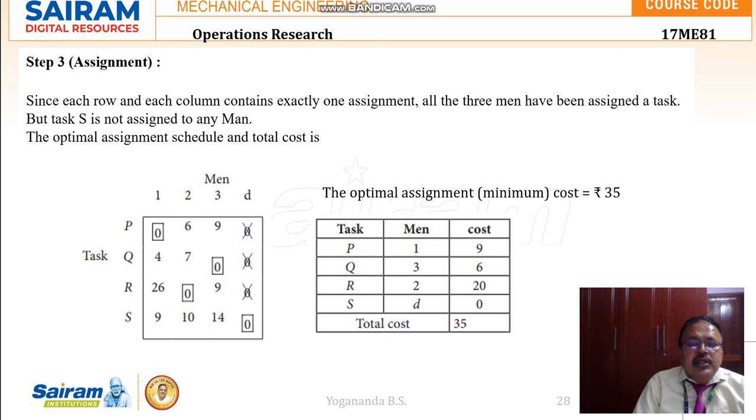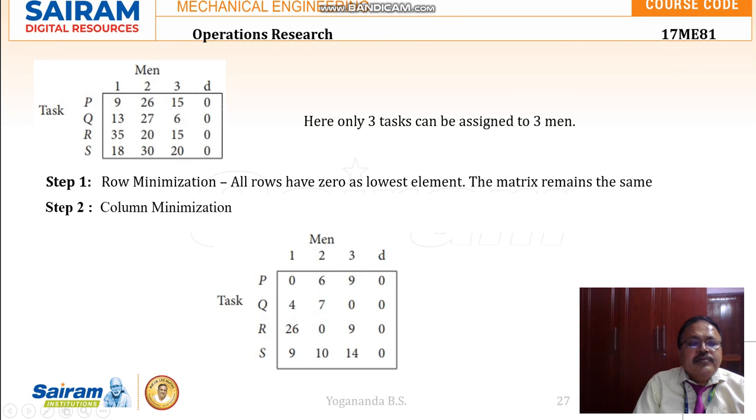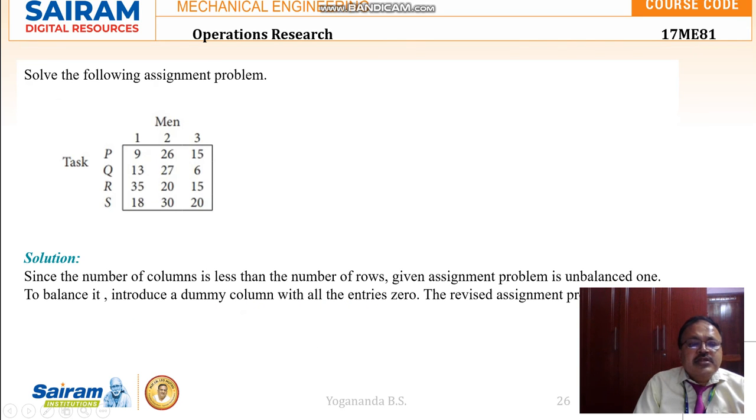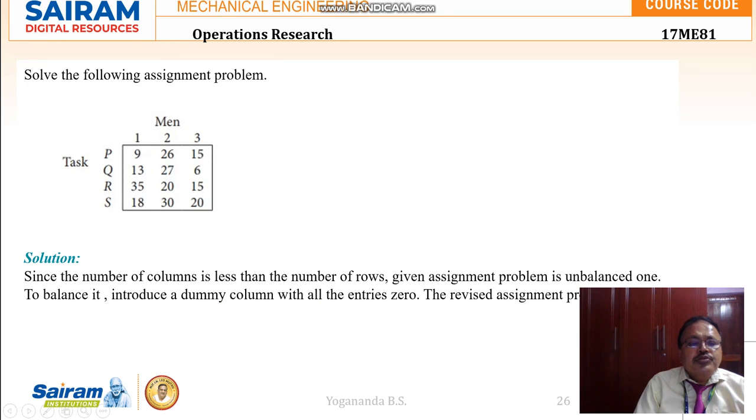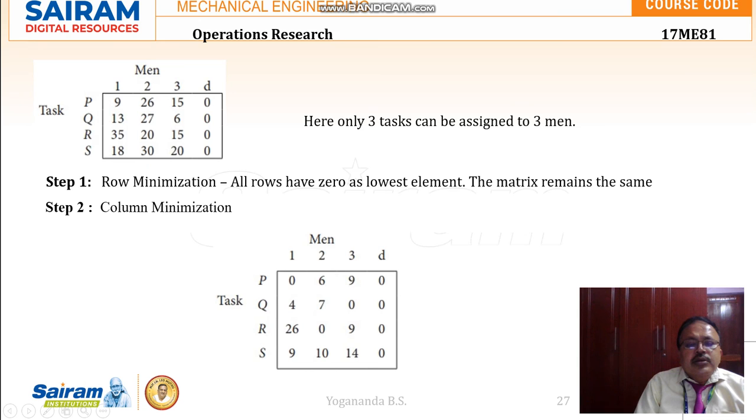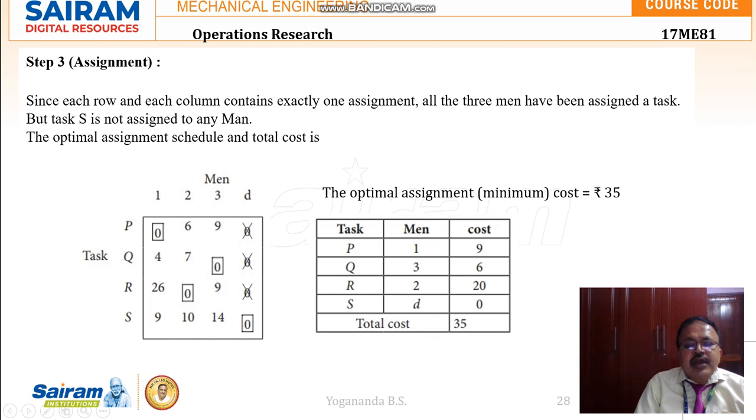The cost of assigning P to man number 1 is 9 units of currency. Similarly, the cost of assigning Q to man number 3 is 6 units of currency.